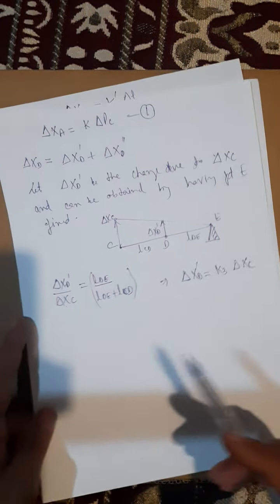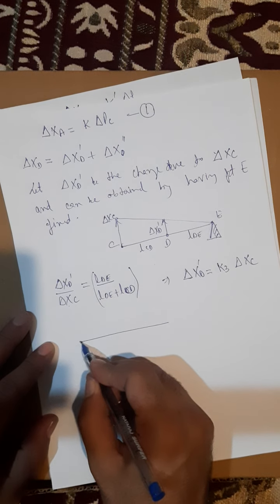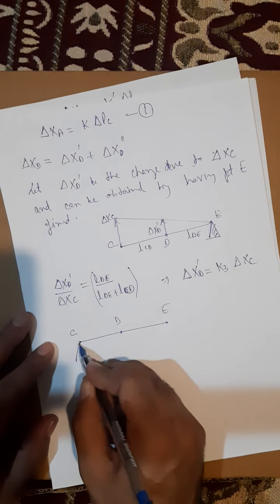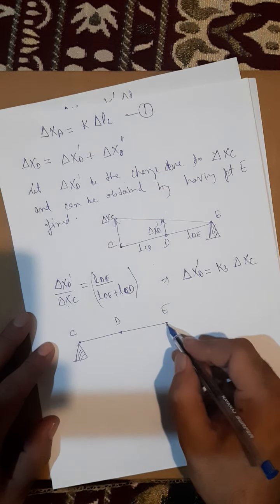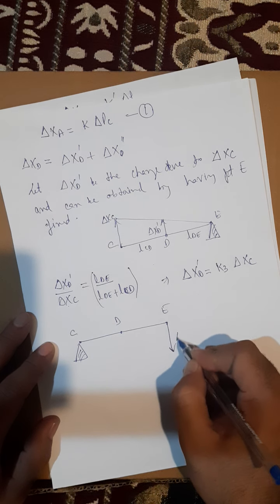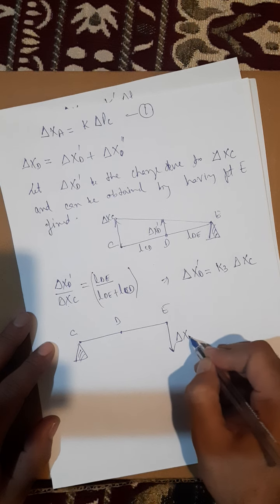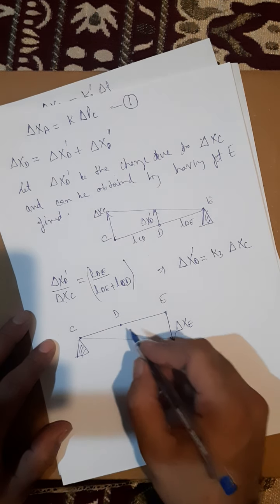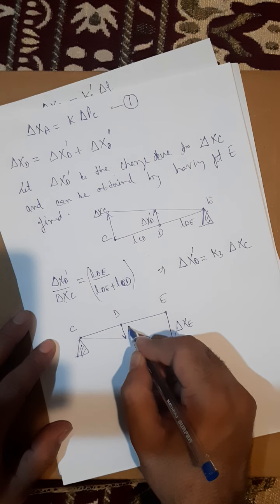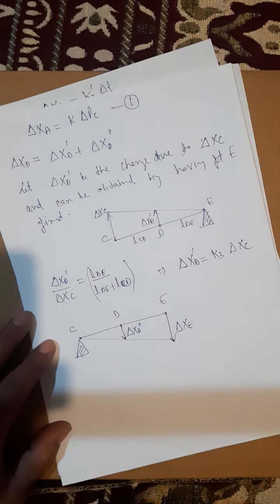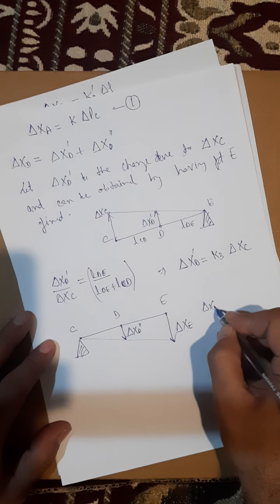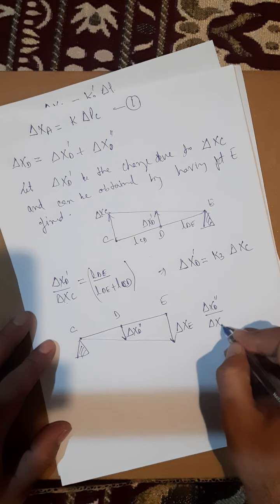Now I will keep C point fixed, C D E. Now C point is kept fixed and suppose this moves down by delta x E. So D point will move down by delta x D double dash.